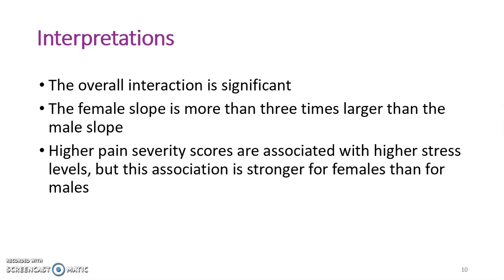We would also say that overall, higher pain severity scores are associated with higher stress levels, but that this association is stronger for females than for males because we see that their slope is higher, indicating that the relation between pain severity and stress is stronger for that group.